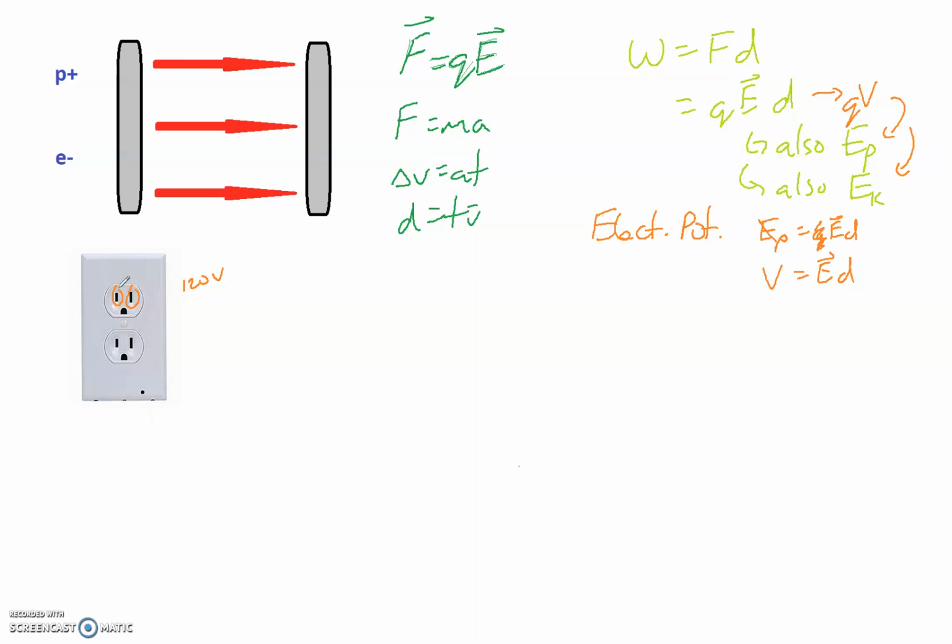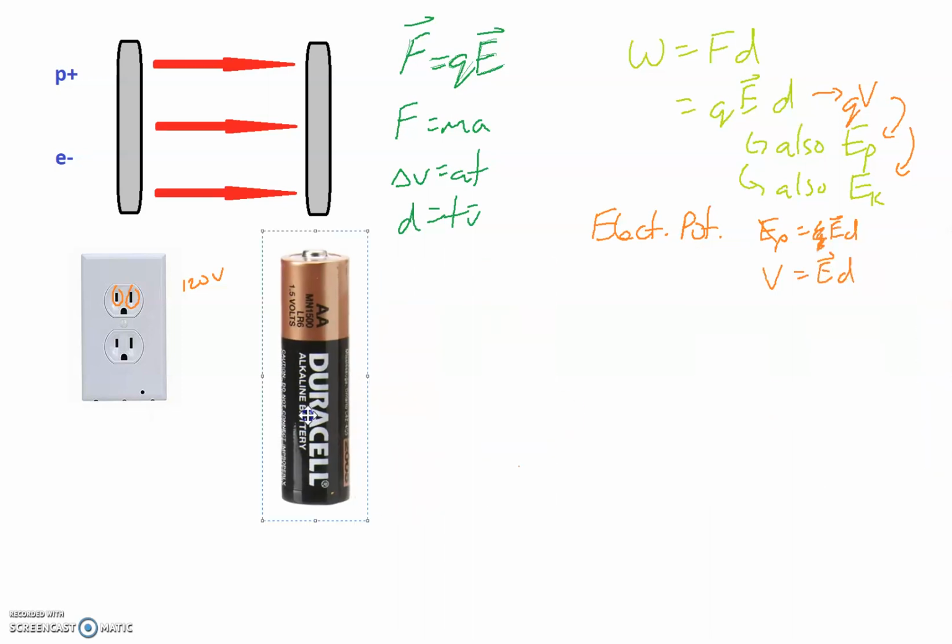And when you attach something to the plates, put something in between the plates, then that potential can be used as potential energy and make things run and make charges move and that type of stuff. Same idea for even just a regular cell. That's why the quantity typically given on these is the voltage. It's the potential difference.